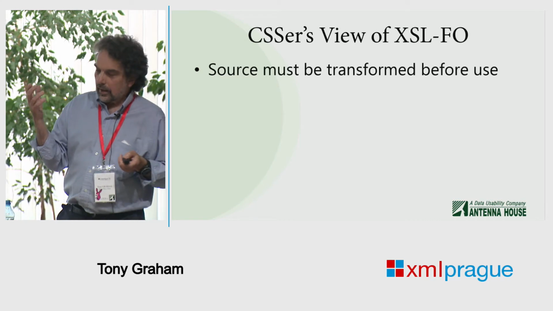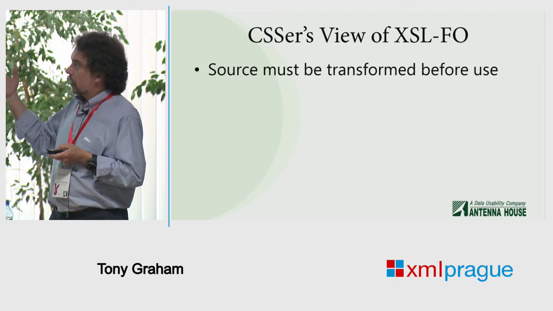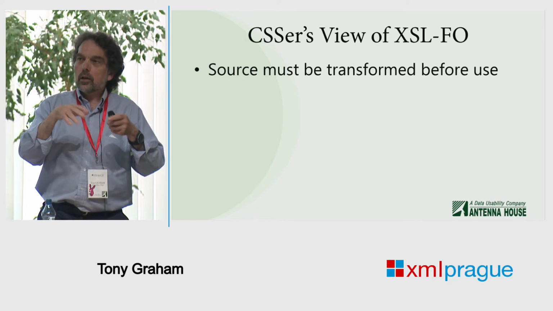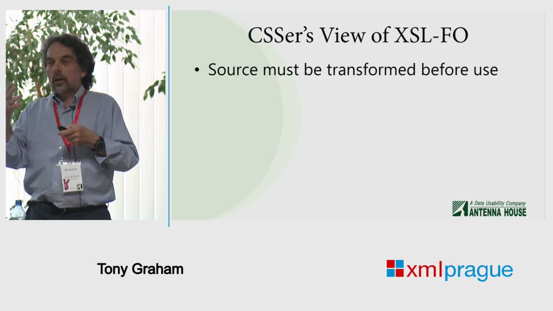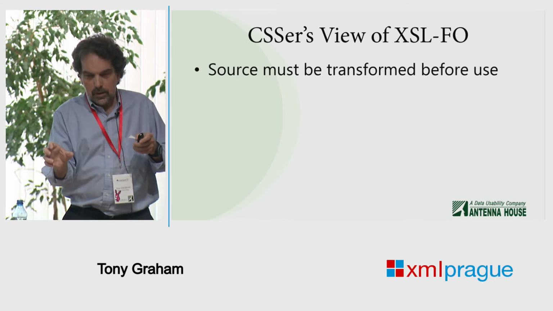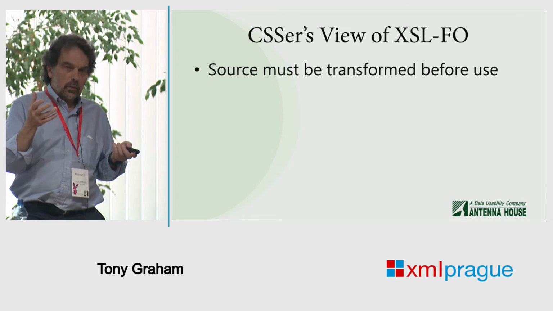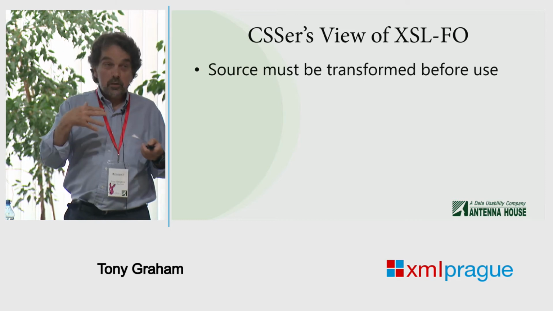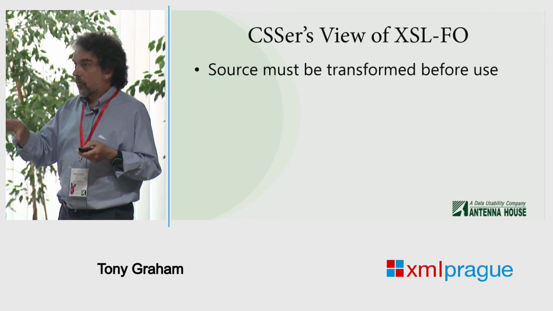Well, that's very true, but as we saw yesterday, you quite often need to transform your source into something else before you can print it with CSS, because you need to generate or update the table of contents, you need to generate the index. For CSS, you need to generate content in the flow that will be taken out as a running element to be used in the headers and footers. So somewhere along the way there has to be a transformation. I would hope there's a transformation to improve the appearance and the information content of your formatted printed document.